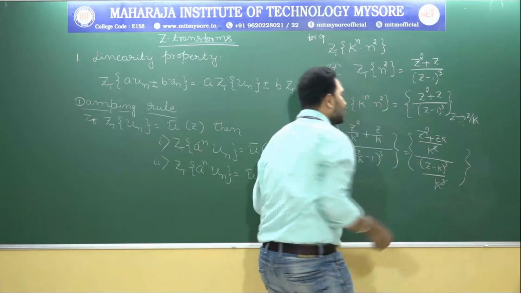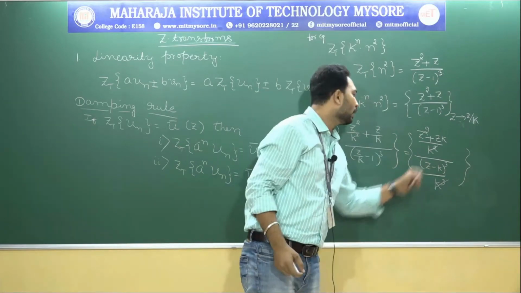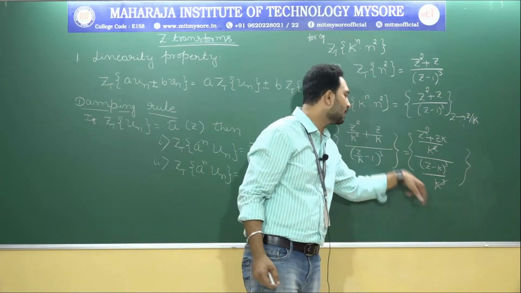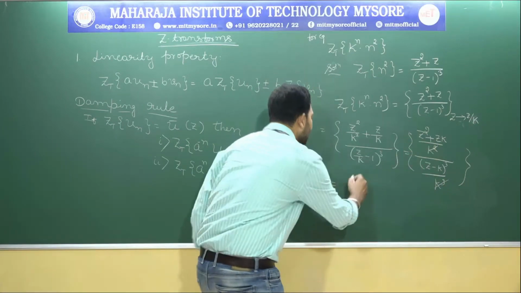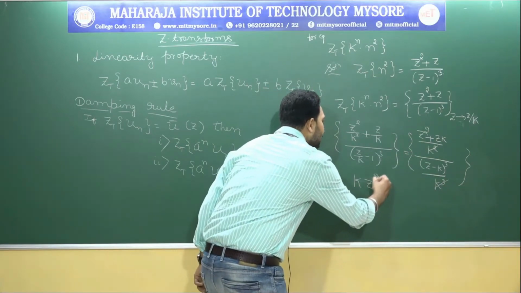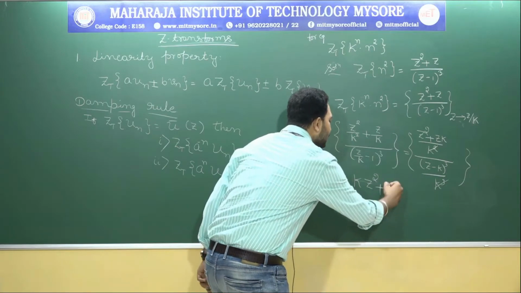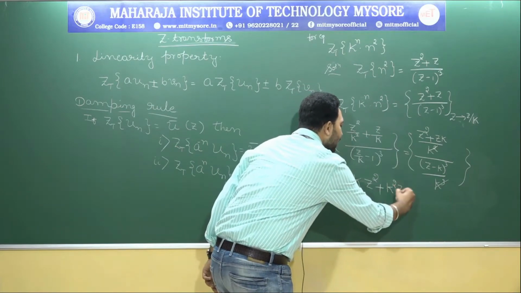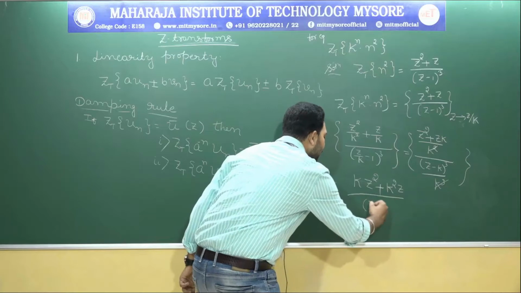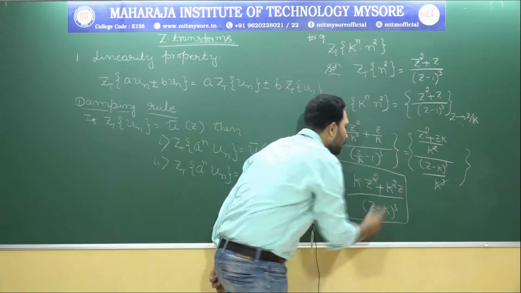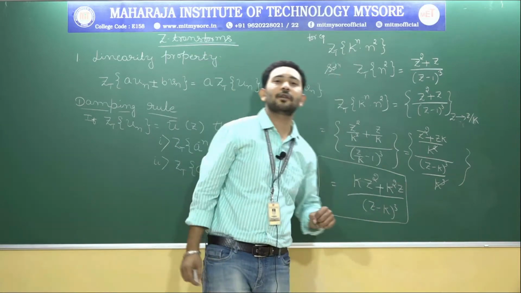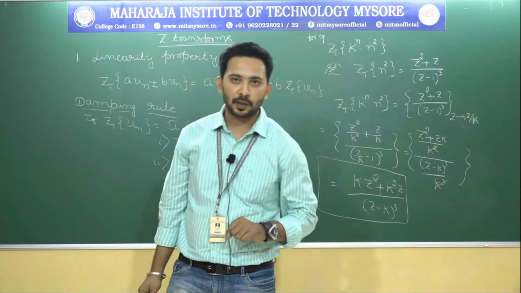So k square and k cube will remain with k. This k goes to numerator, and after multiplying this k inside, we'll get k into z square plus k square z divided by z minus k whole cube. So this is the Z transformation of k power n into n square.